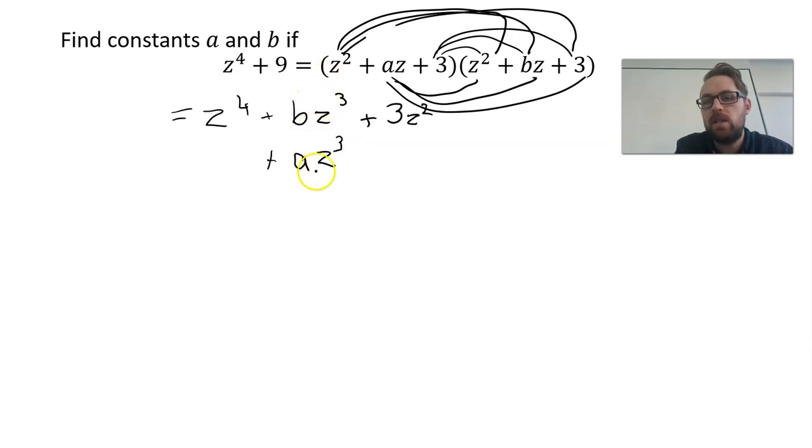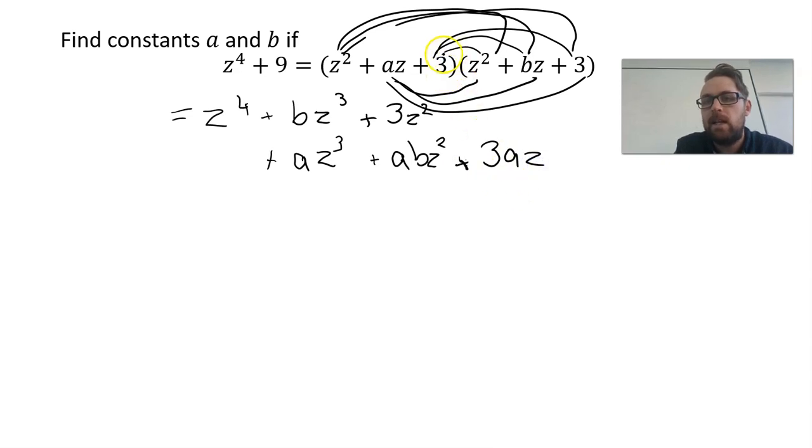You can see I'm grouping my powers of z. We've got the cubes together here, and that's just so it's a little easier later on. The next one is az times bz, which is plus abz squared, again grouped with the z squareds, and then az times 3 is plus 3az.